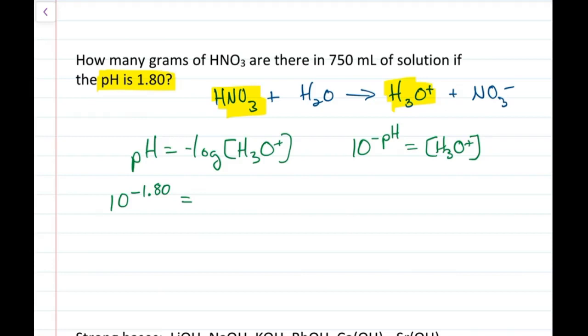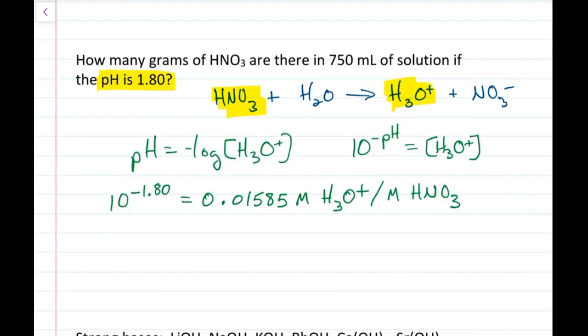Okay, so 10 to the negative 1.80 should give us 0.01585. And that's the molarity of hydronium. But since this nitric acid is a strong acid, that means that it's also the molarity of the nitric acid.